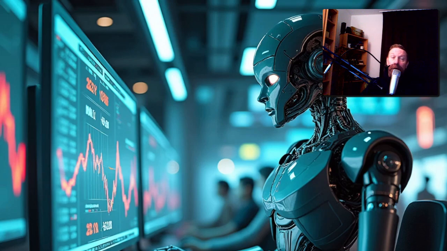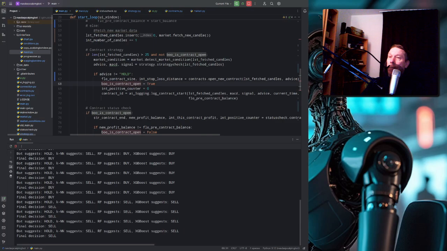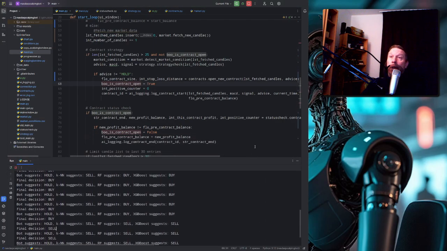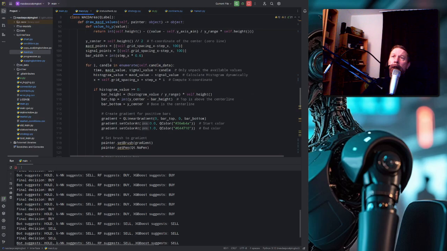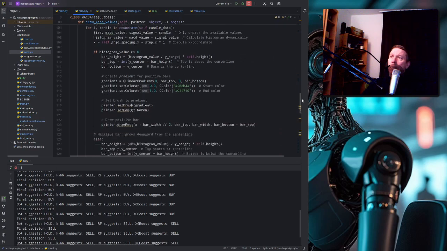As usual, we start with the code screen. So let's grab the code. What did I change in the code? Not much. I changed something in the MACD yesterday to disable the time.